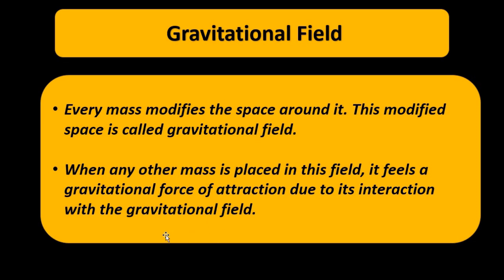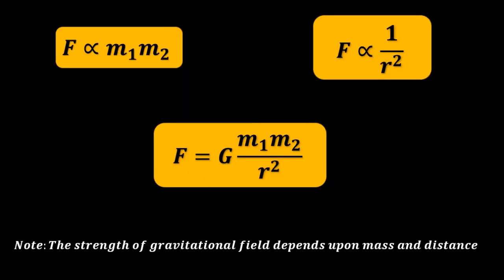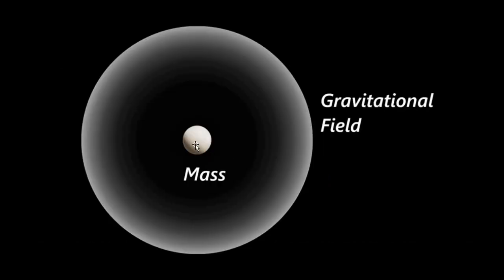So suppose we have an object, a mass; it produces a gravitational field of itself around it. Again, the strength and the extent of the gravitational field, if you remember, depend on the mass and the radial distance of separation from that mass.